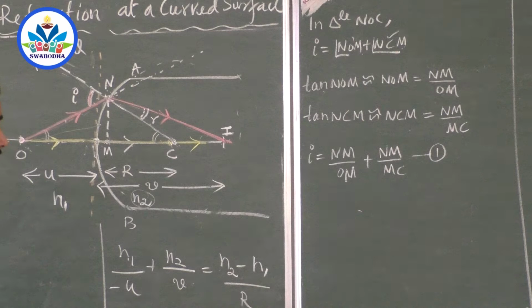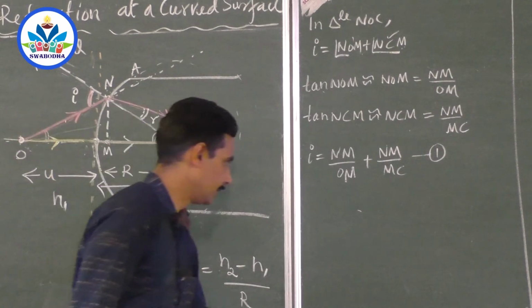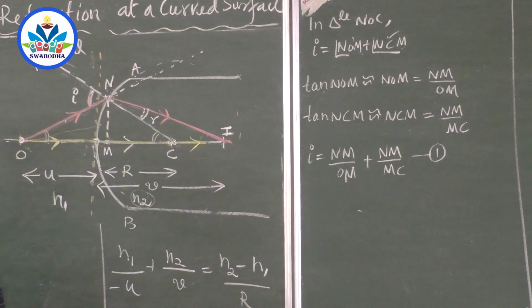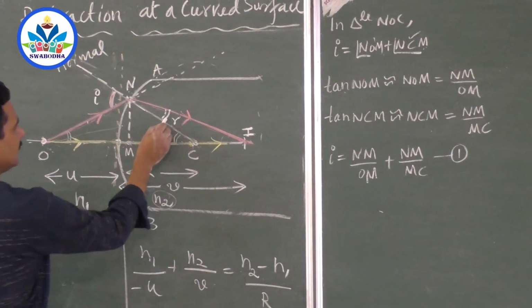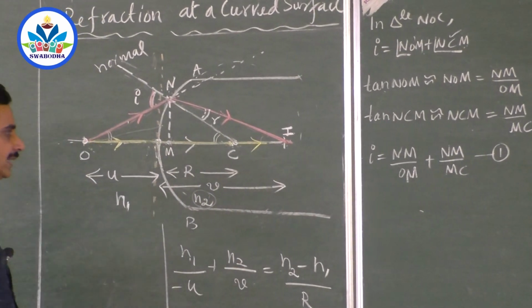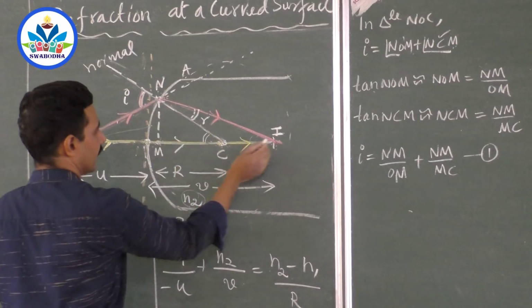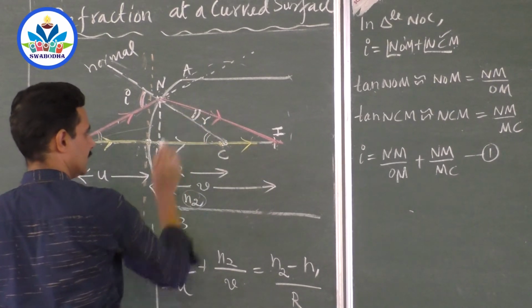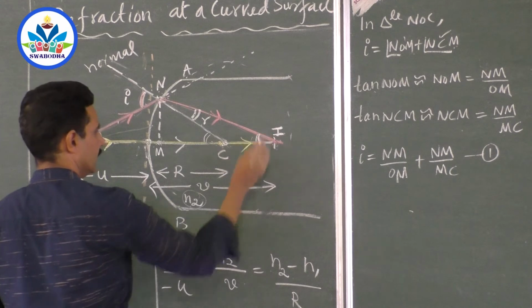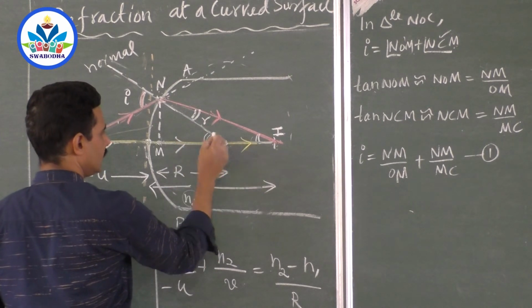If you want N1 sin I is equal to N2 sin R, you should get R also. So shall I write for R? Where is R? R is here. In which triangle is R found? NCI. In NCI, it is not the exterior angle, it is one of the interior angles. So I will take this angle plus this angle, the sum of the interior opposite angles to this one.